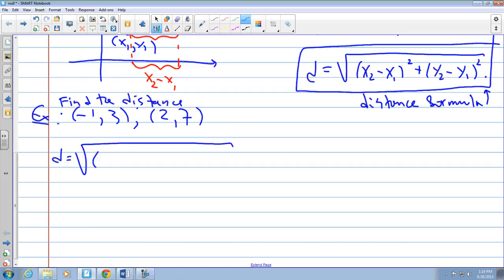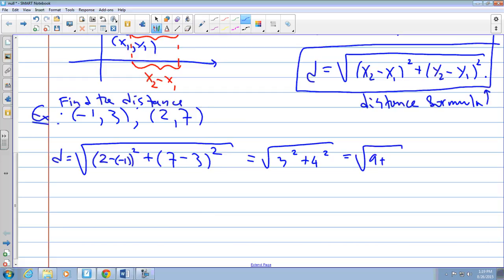It doesn't matter in which order you subtract them. You should still get the right answer. So what do we end up with? 3 squared plus 4 squared. Is that right? Wow. 9 plus 16, square root of 25.